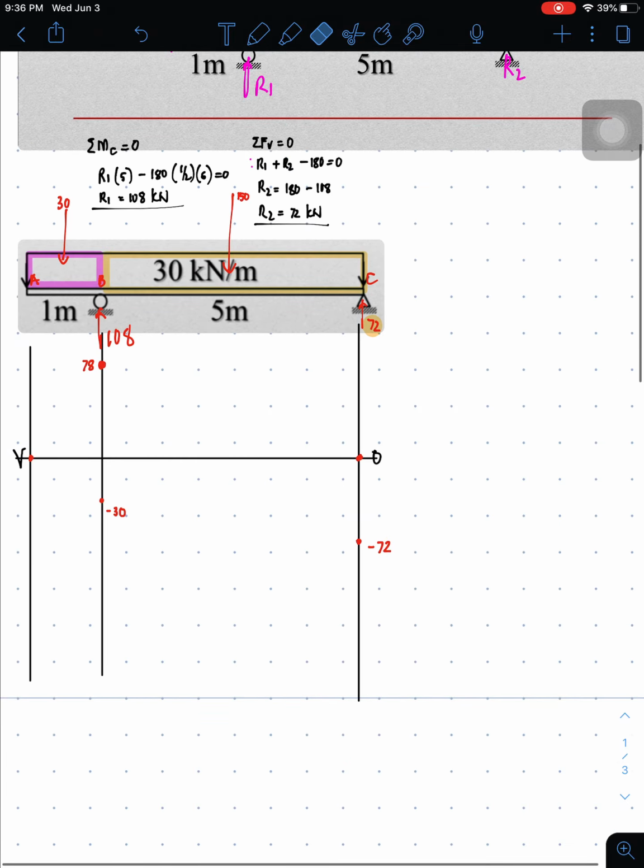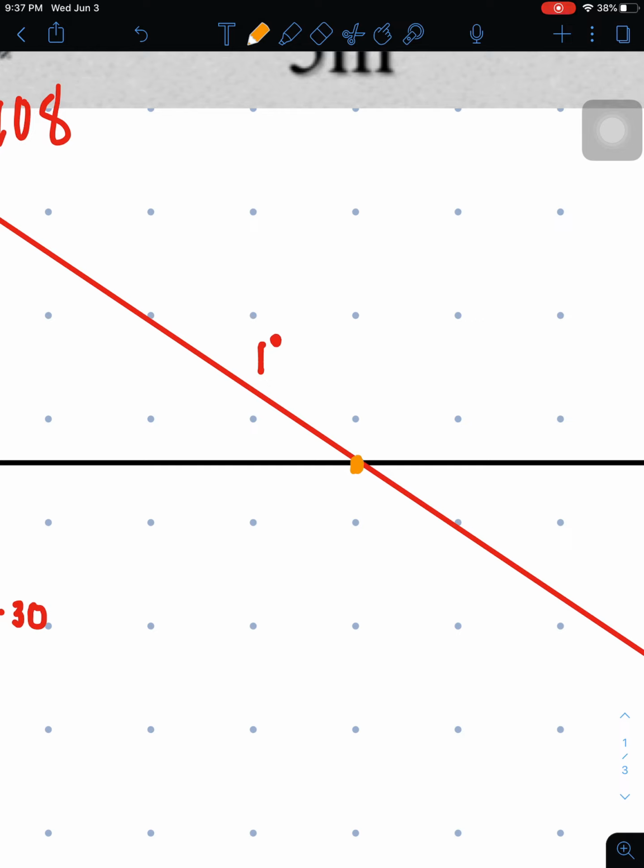And this is first degree. And remember, we have passed a point of inflection. So it's giving us an idea that the maximum moment is here. So that is the location of our answer in letter B. But later on. Then let us proceed here in plotting.